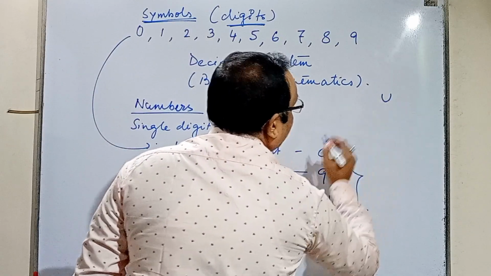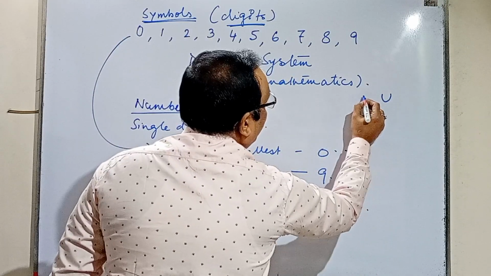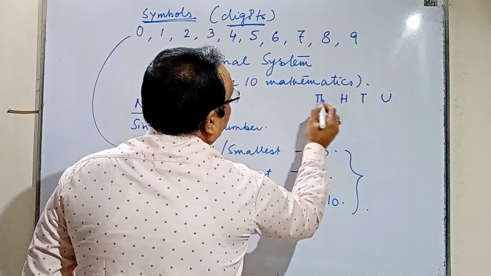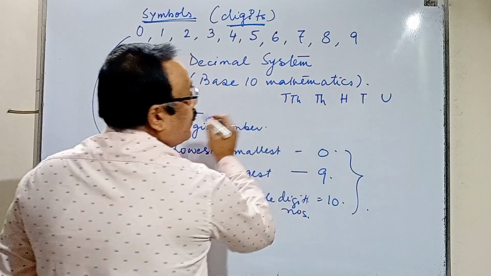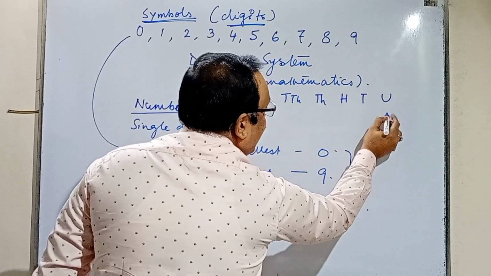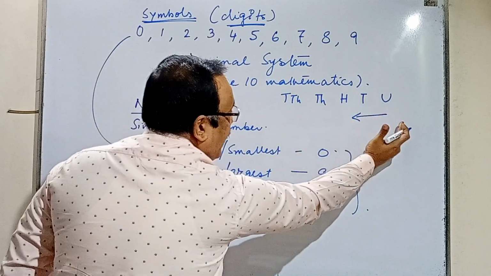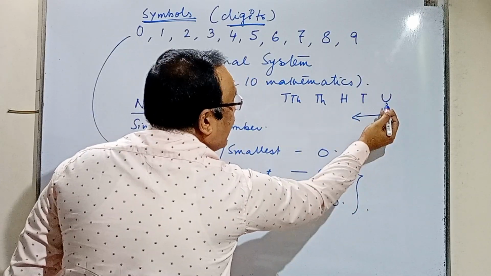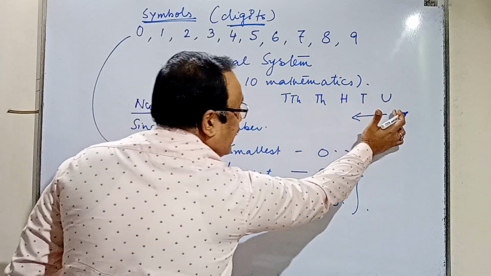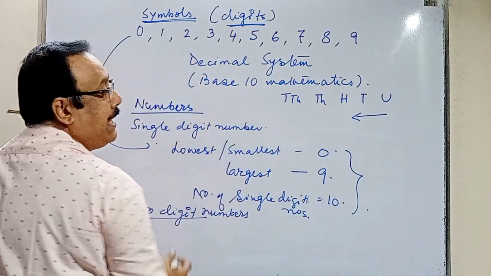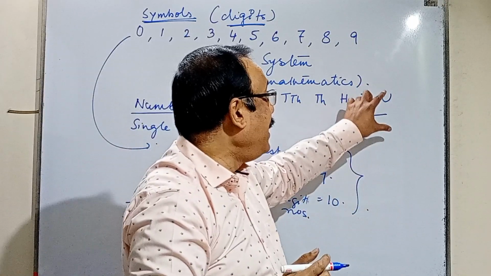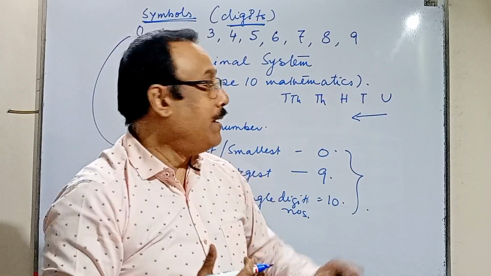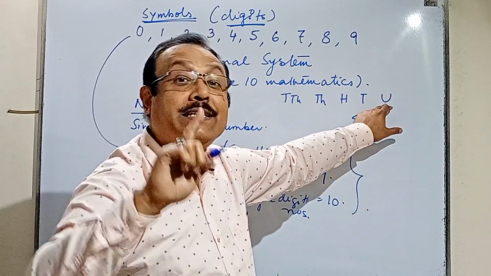The positions of the digits are written as the unit place, tens place, 100 place, 1000 place, 10,000 place, and so on. That means from the right side, if we move to the left, the place value of these positions keeps on increasing, and the place value of each of these positions becomes 10 times the previous.